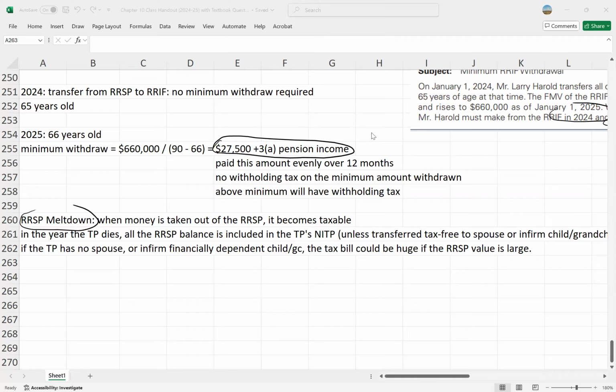That way their estate is not faced with this huge tax bill when the taxpayer dies. So I just wanted to talk about that concept because it's important to know if you go into the financial planning career path.